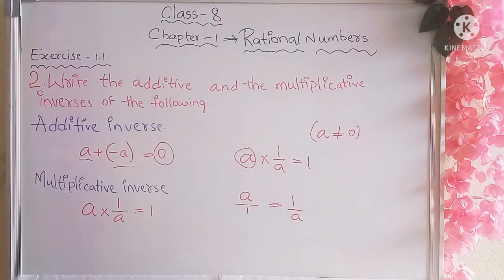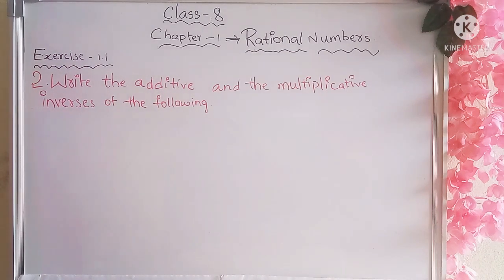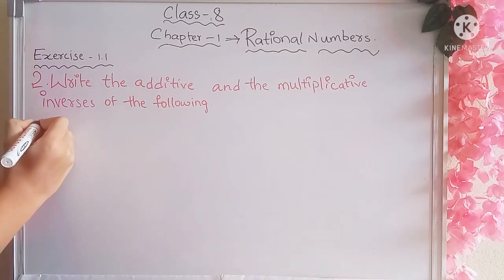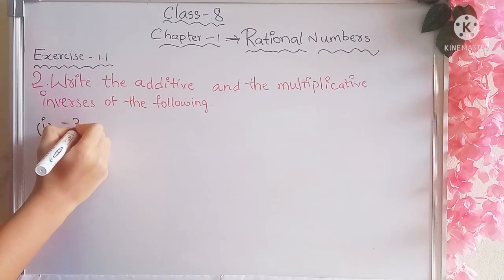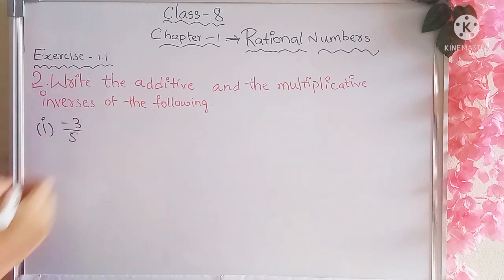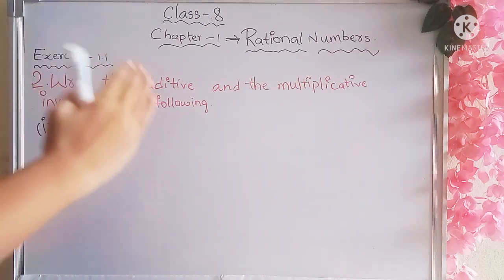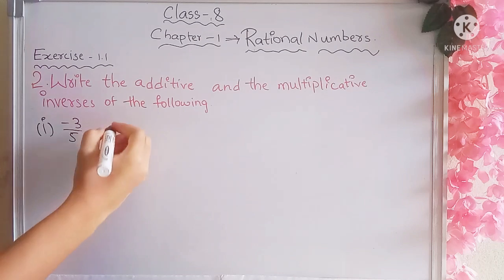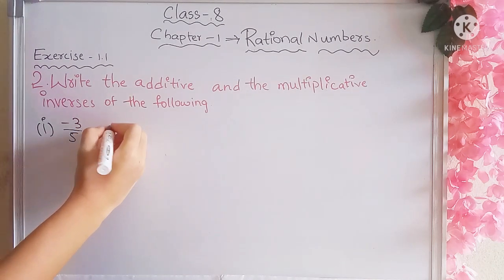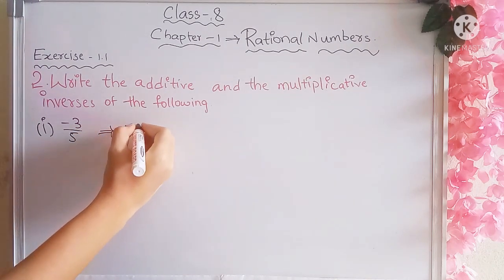Let's go to question number 2, first sum. Minus 3 upon 5. We have to write the additive inverse and the multiplicative inverse of this number.